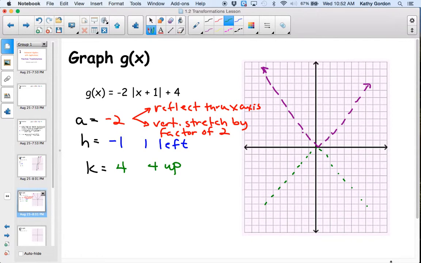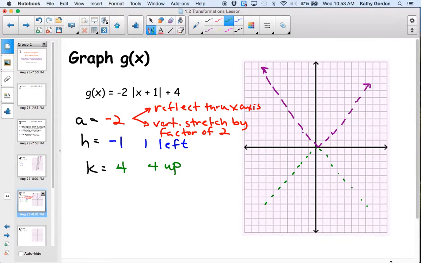So what that means is, when Taylor put in 2 for x and got 2 for y, if I'm going to stretch by a factor of 2, then putting in 2 for x should now give me what for y? 4. So every y value that I originally got for x is now going to get multiplied by this factor.